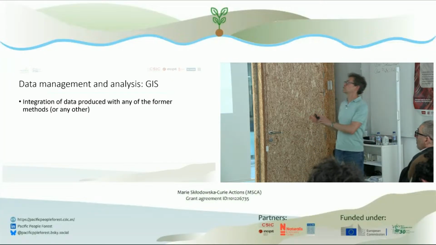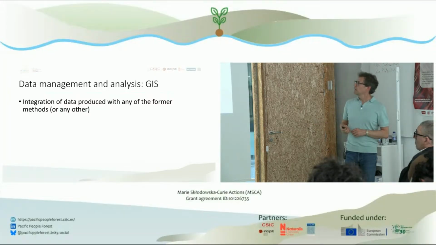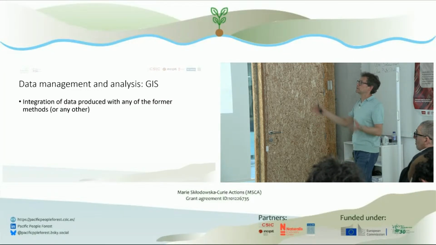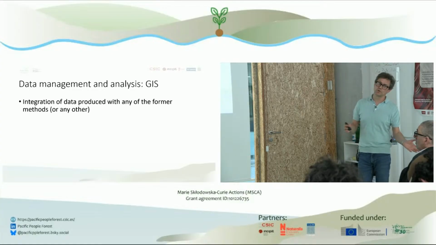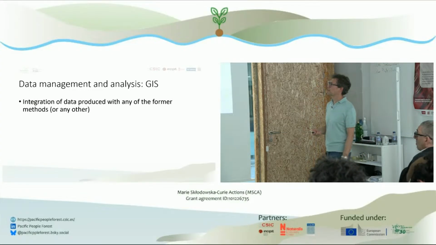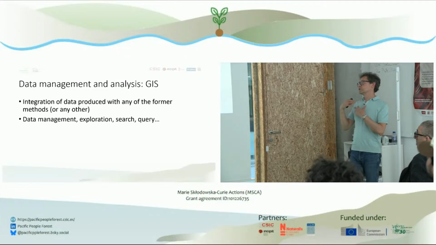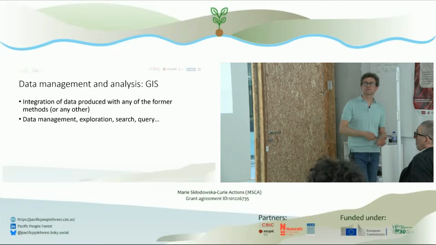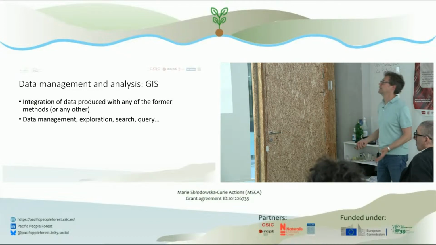This is where geographic information systems come in. It's the basic tool that allows us to integrate all the data produced with any of the former tools or methods that I have discussed so far. It's where we do all the data management, the data exploration, search, queries, and any other thing.